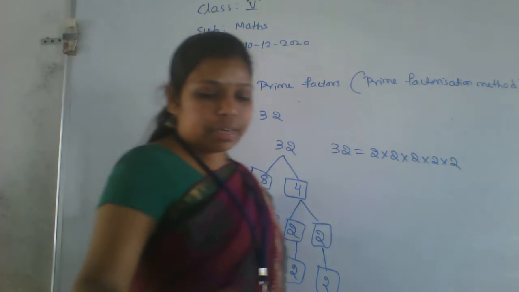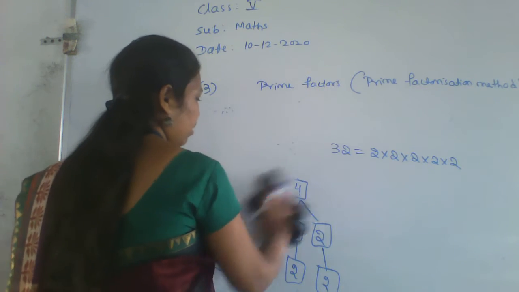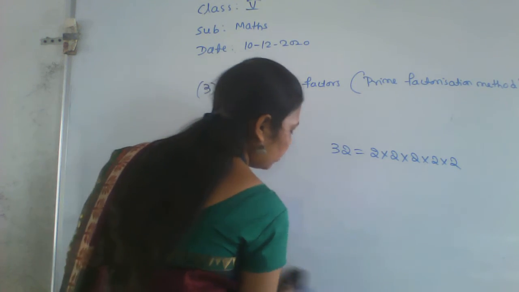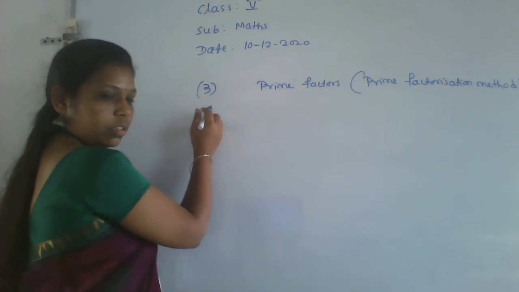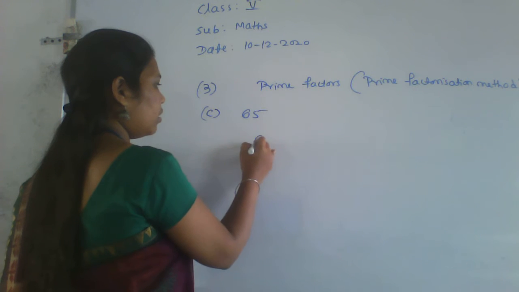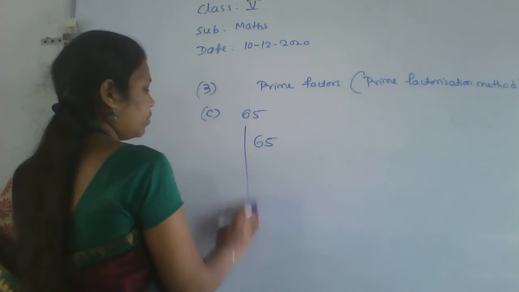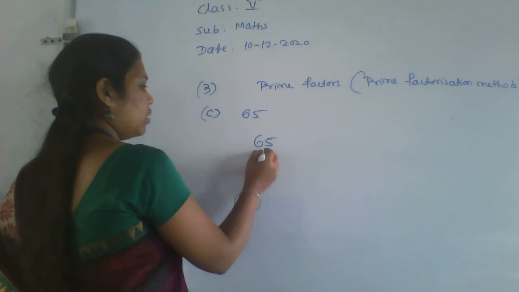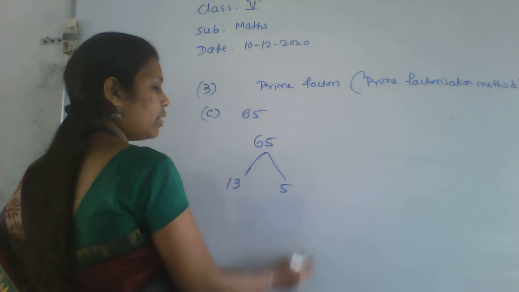Okay. So next one is 65. 65 means here, 13 5s are 65.